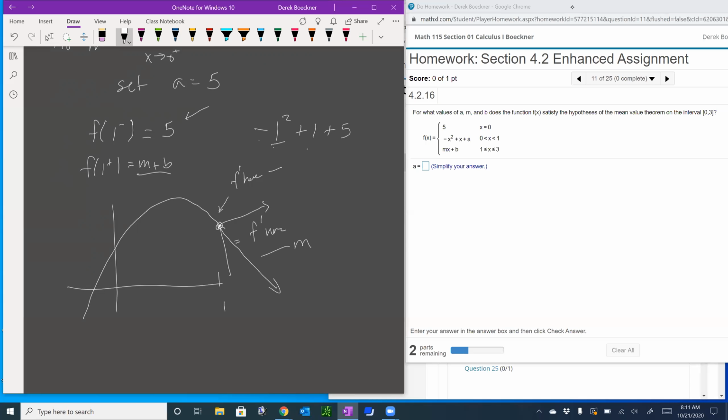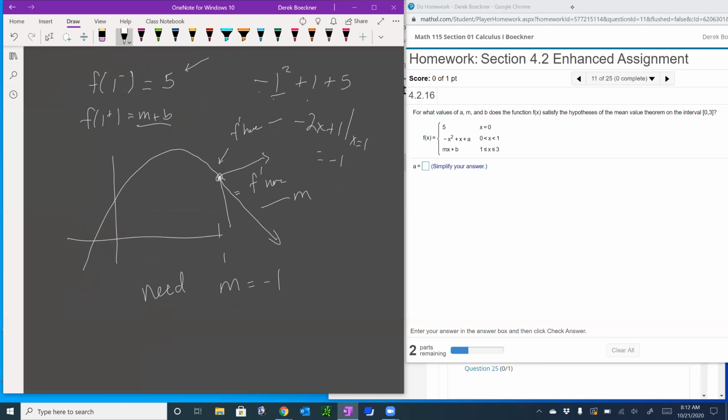The derivative here is minus 2x plus 1 at x equals 1, which is equal to minus 1. Good? Okay, so we need m equal to minus 1 for differentiability. So far, so good?